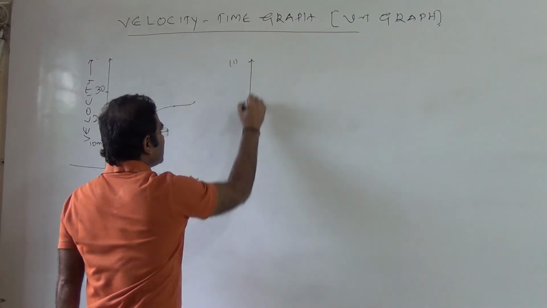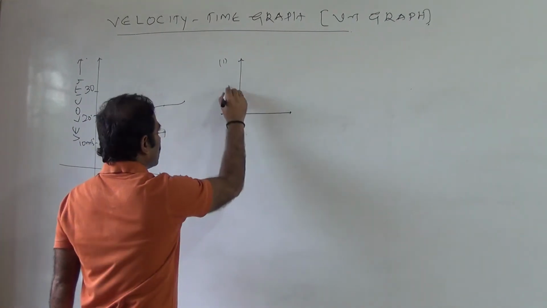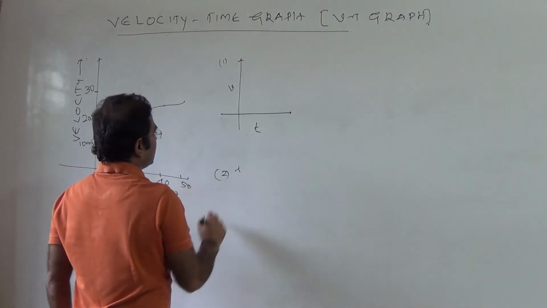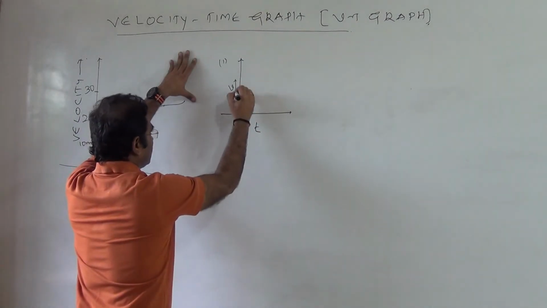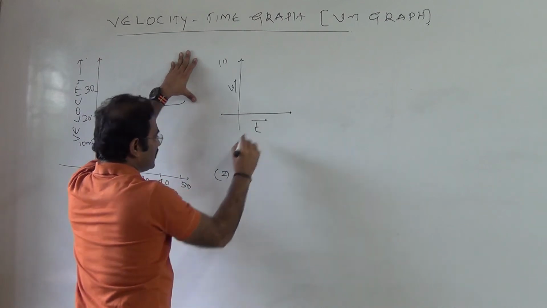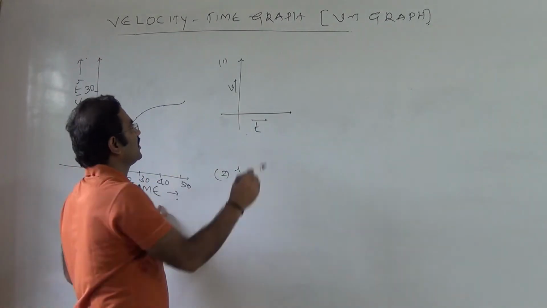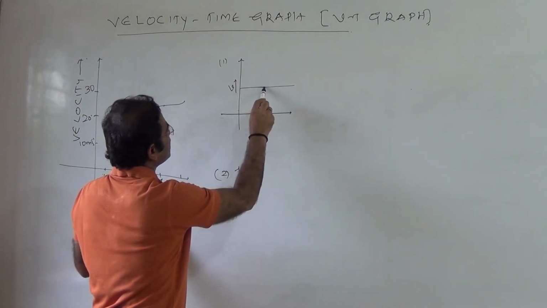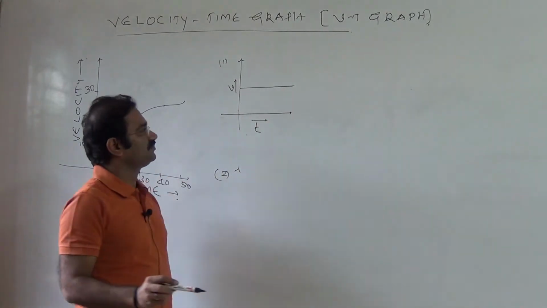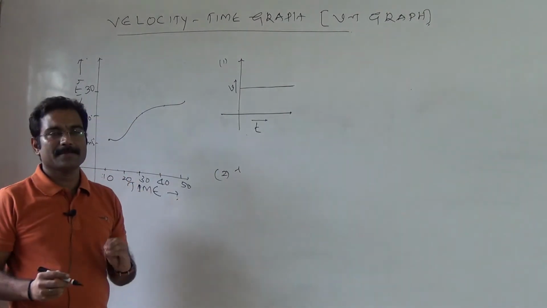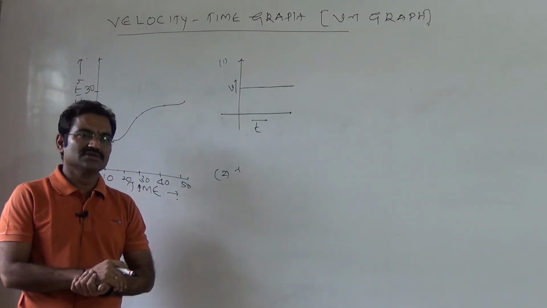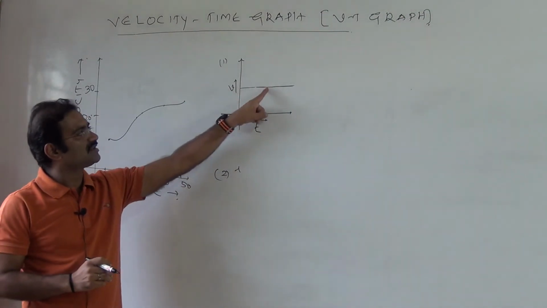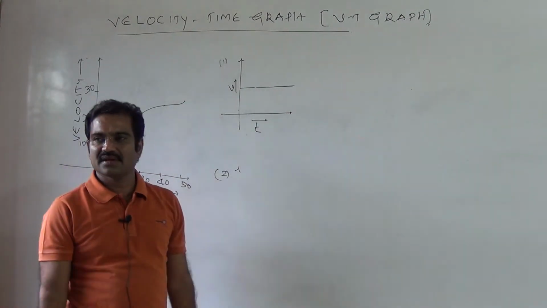So this is the first one, velocity versus time. If you take a graph in this, if the nature of the curve is a straight line, what is its indication? Imagine that with respect to time there is no change in the velocity.